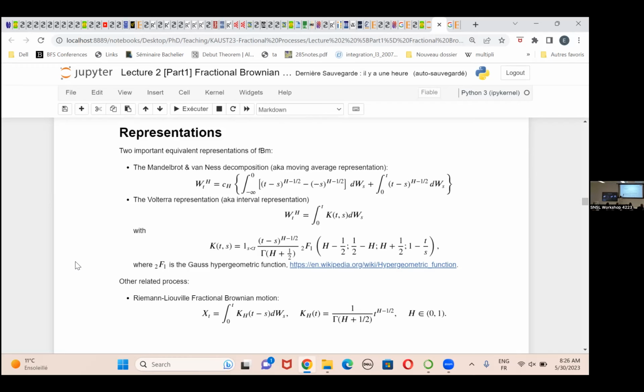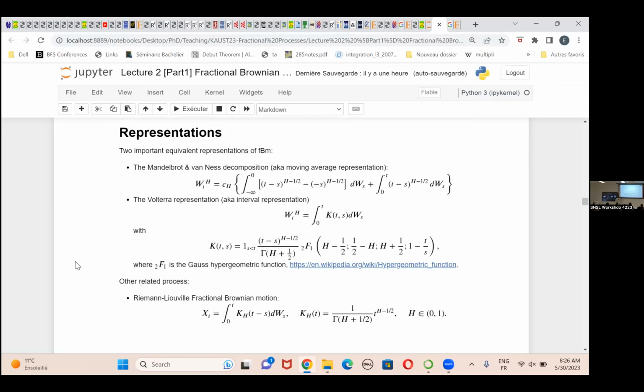It's not exactly the same as fractional Brownian motion, obviously, because we took some parts off, but as we'll see, it shares a lot of similar properties with fractional Brownian motion. In any case, with this representation, we see that we can rewrite the fractional Brownian motion as a stochastic convolution or stochastic integral with respect to some kernel K and standard Brownian motion.